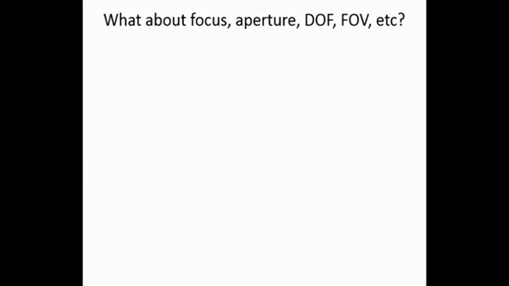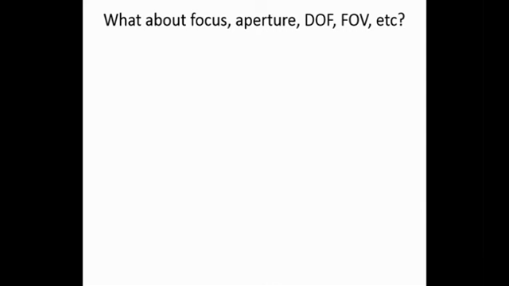Okay, so now I want to talk about some of the other camera parameters that either do not purely have to do with perspective geometry, or, basically, these parameters all have effects on the image, even though they don't really affect the way that we talk about projective geometry.